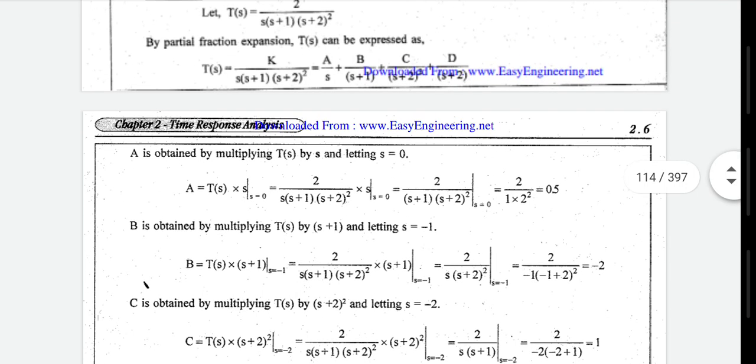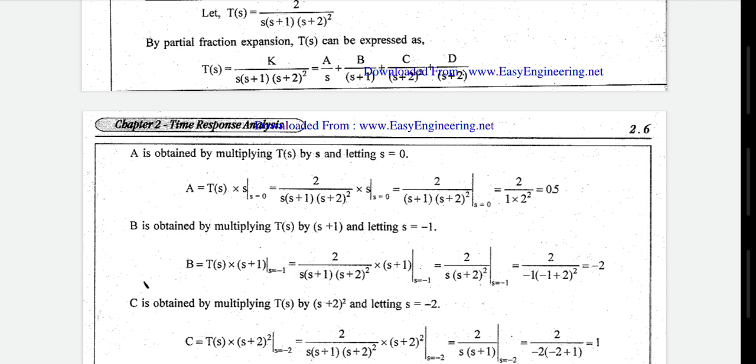So A is obtained by multiplying T of S into S. The denominator value is S here. Okay, so by multiplying the transfer function T of S into S, and by letting S is equal to 0, you will obtain the A value. Okay, so what is the transfer function value here?